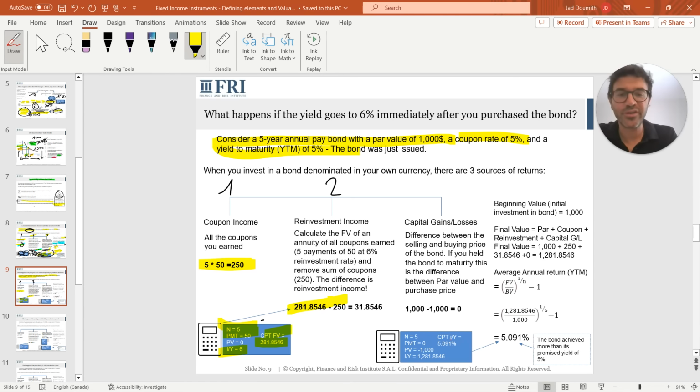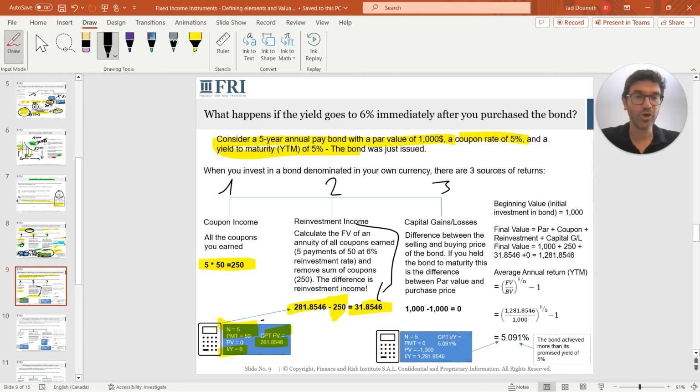Remove the 250 coupons to isolate the reinvestment income. Don't fall into the trap of thinking that there are capital losses. Because you held the bond to maturity, you know that you will earn back par. Since you purchased the bond for 1,000 and you earned back 1,000 at maturity, no capital gains or losses.